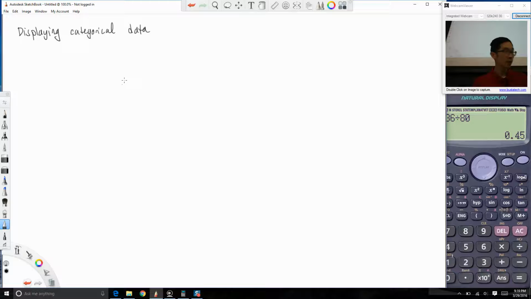We've already talked about summarizing categorical data with a table, and what was that called? The frequency table, right? So we can summarize categorical data with the frequency table.